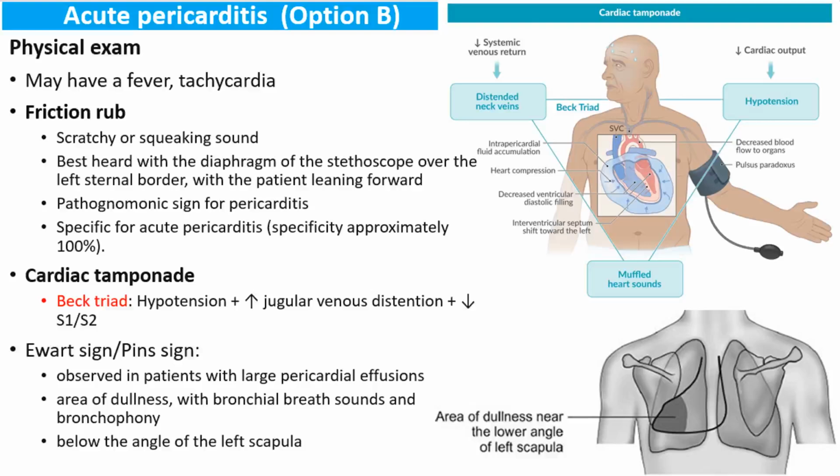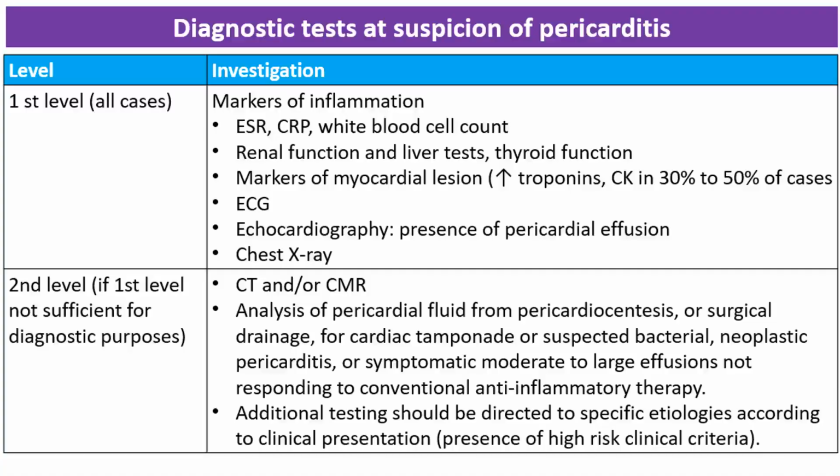These signs indicate a significant accumulation of fluid within the pericardial space, exerting pressure on the heart and impairing its function. The diagnosis of acute pericarditis is primarily clinical but can be supported by ECG changes, the presence of pericardial effusion on imaging, and the presence of elevated inflammatory markers like white blood cells, erythrocyte sedimentation rate, and C-reactive protein.